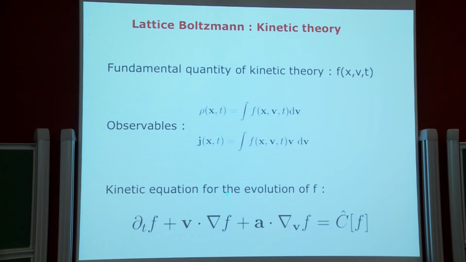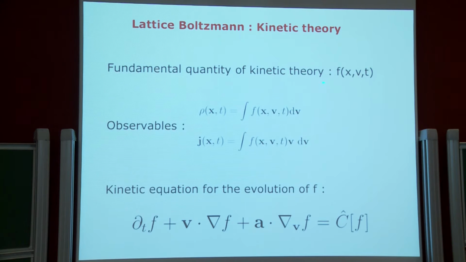Then it evolves because of transport. So if you have a flux, then particles will be displaced, and then there will be a change in the probability distribution related to that displacement. So that's the v dot gradient term.